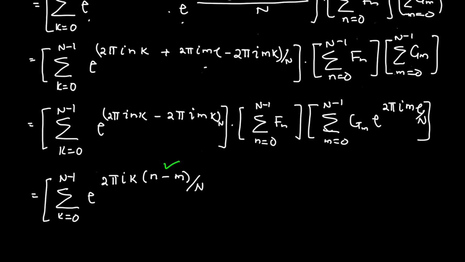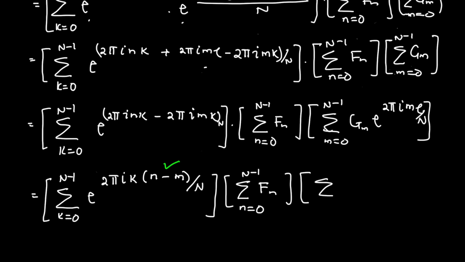This is divided by n, and then the sum of F_n from n equals 0 to n minus 1 remains the same, and the sum over m from 0 to n minus 1 of G_m e to the 2 pi i m l over n.